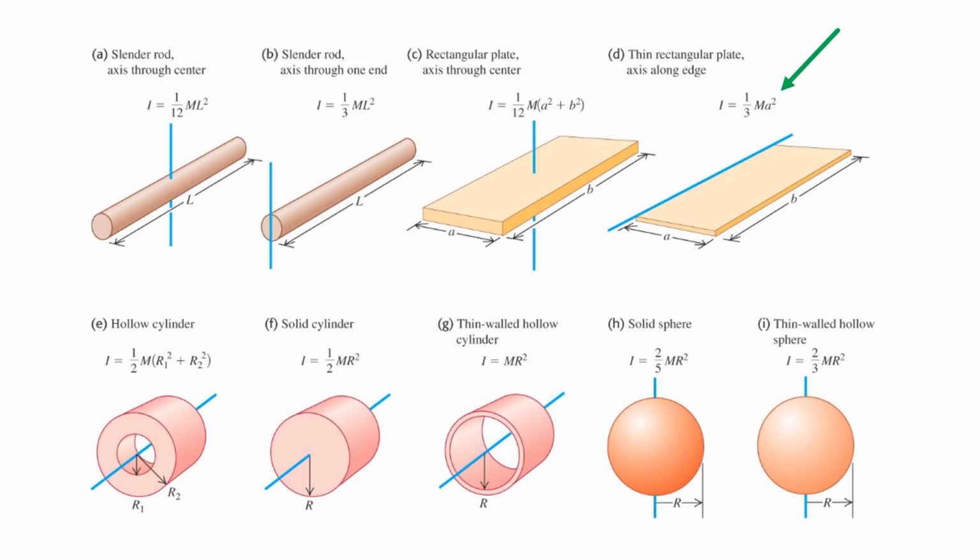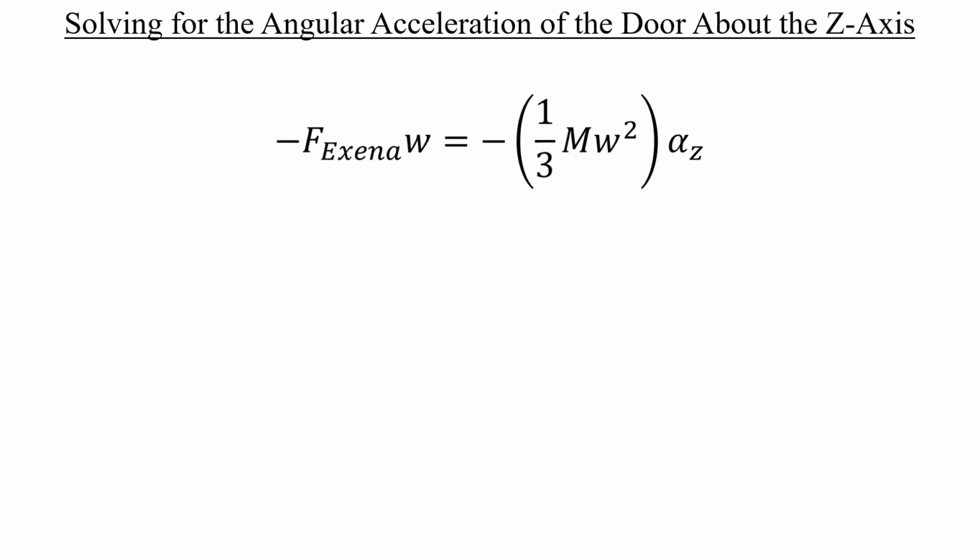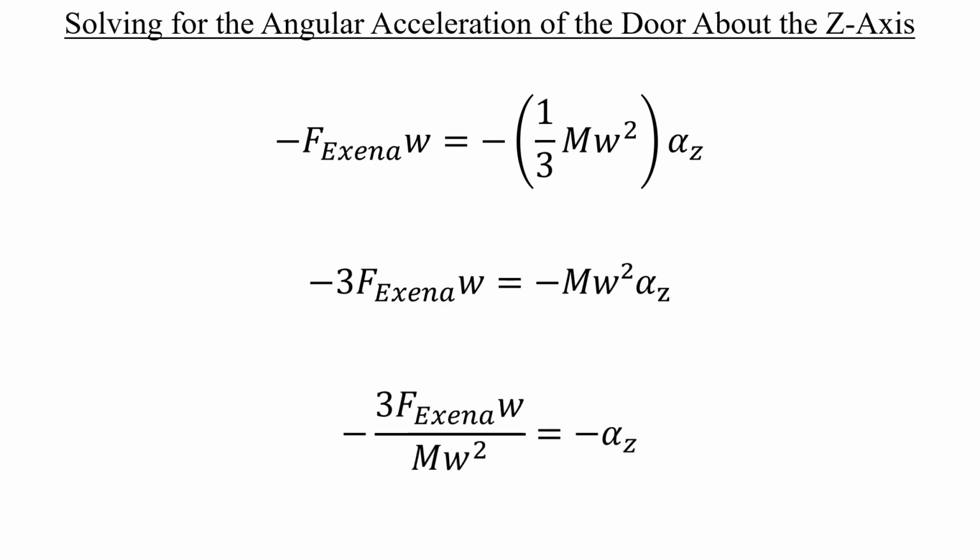width of the plate. And since the width of the plate is the same thing as the width of the door, we can go back to our equation and insert that moment of inertia expression using W instead of A. From here, I'm going to multiply both sides by 3 and divide both sides by mw squared.